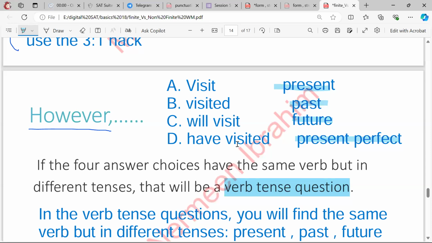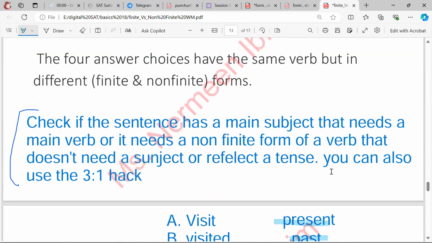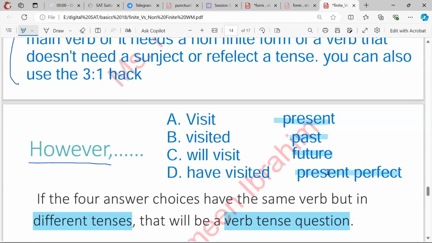Since I have different what? Different tenses. Excellent, Mansoor. So different tenses means that we are dealing with a verb tense question. But in finite and non-finite, you will find that the choices have finite forms and non-finite forms. And we are very excellent because we learned the non-finite forms: the gerunds, the present participle, the infinitives, and so on.